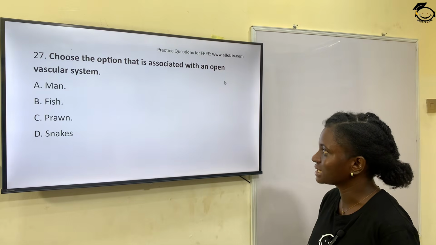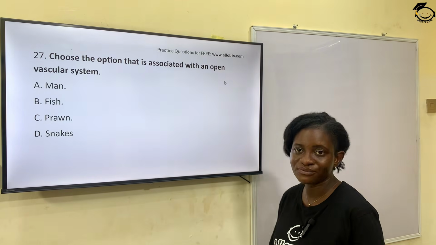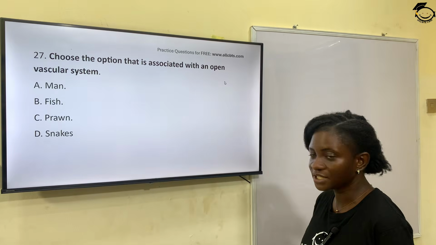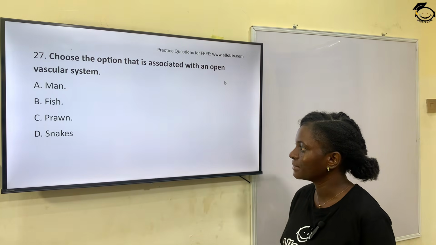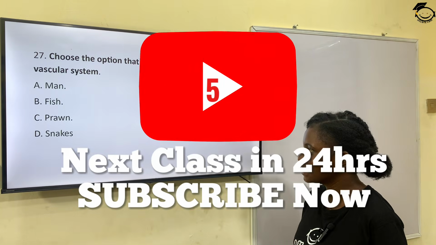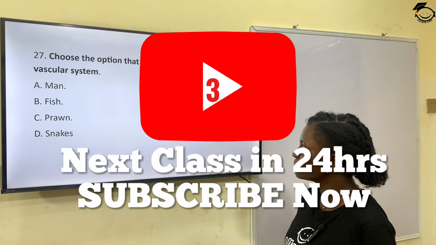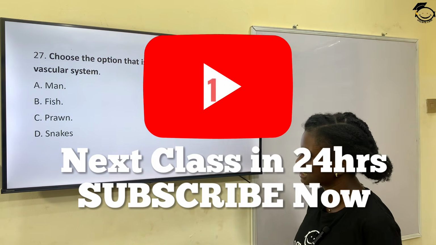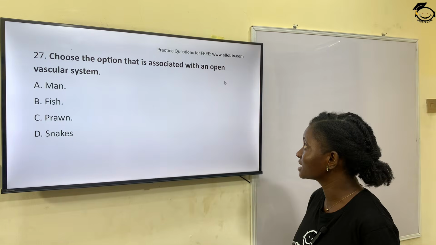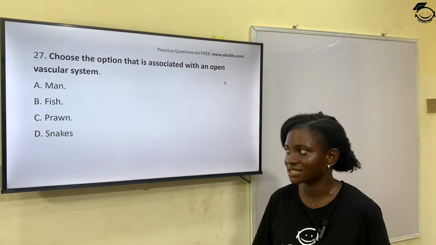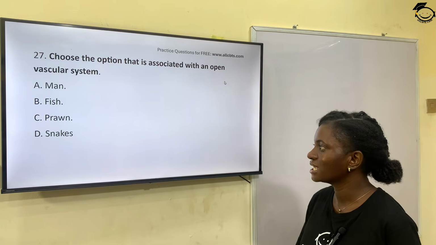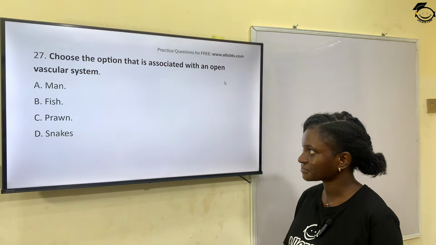So let's look at it. Man, they have closed vascular system. Fish, closed vascular system. Then snake, D, closed vascular system. The only option with open vascular system here is prawn. So it's associated with open vascular system. Option C is the correct answer.